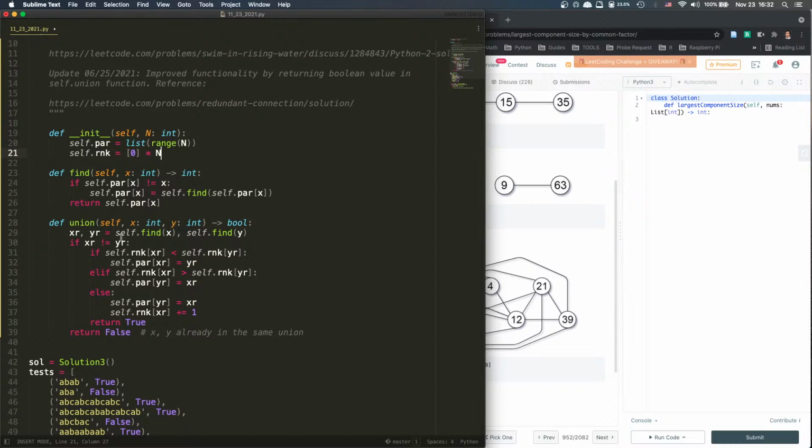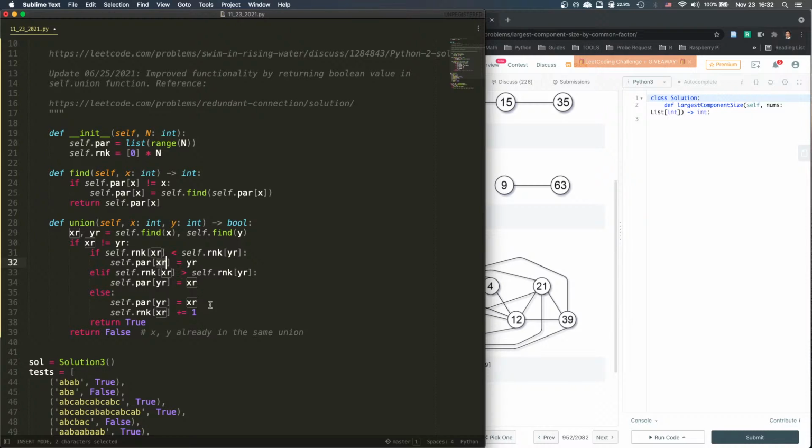If the parent is the same, it means they already belong to the same union. If not, we compare their rank, and we assign the higher rank. So say this rank is smaller than this, then we assign the grandparent of X to the parent of Y, because Y has higher ranking.